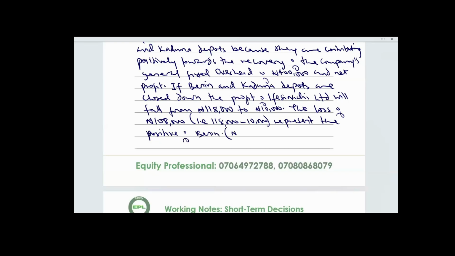Benin contributed 78,000, the positive contribution of Benin, and Kaduna contributed 30,000 naira.